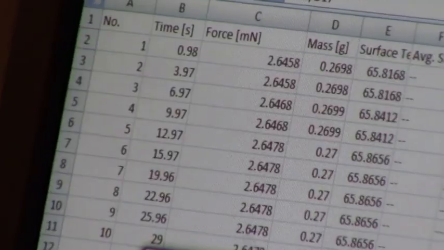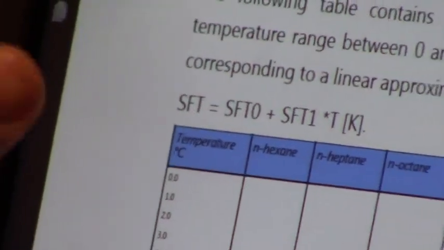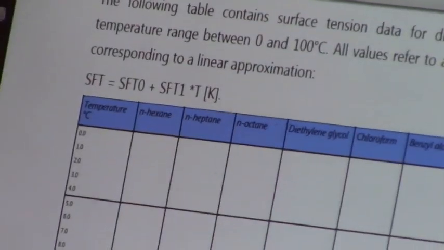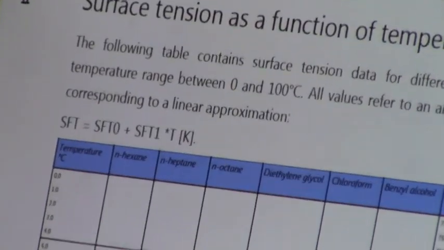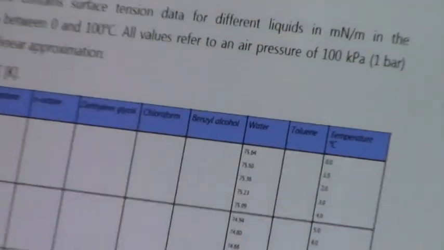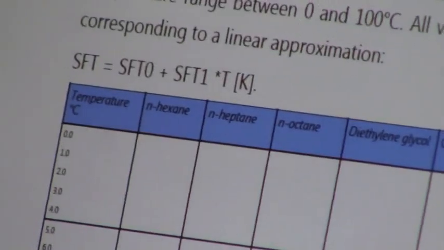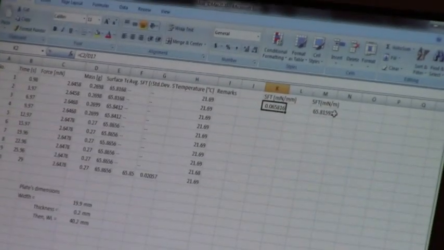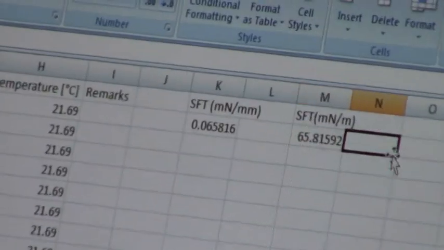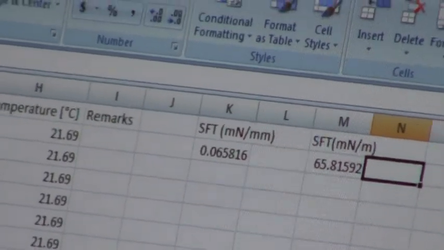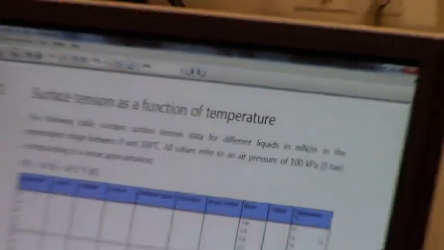To compare it against some tabulated standard values for known liquids, given as surface tension against temperature for some liquids in millinewton per meter, I've changed this millinewton per millimeter to millinewton per meter by multiplying it by 1000, because the millimeter is in the denominator.